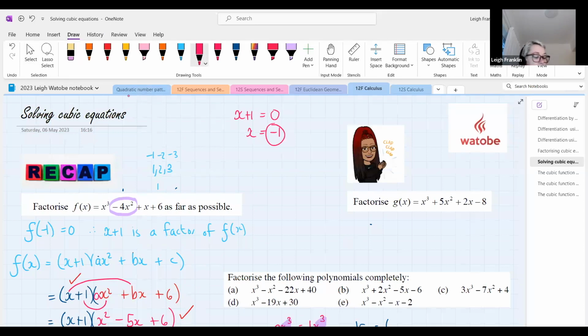I found that the number that makes the equation equal to 0 is -2. So you used x plus 2 as a factor. Yes. Lovely. And then you had ax squared plus bx plus c, right? Yes.